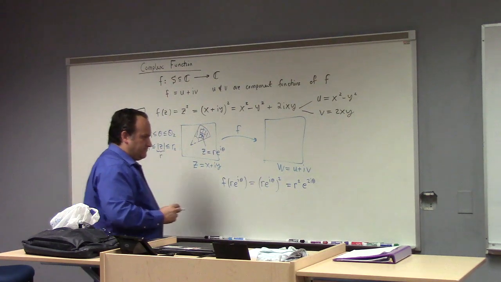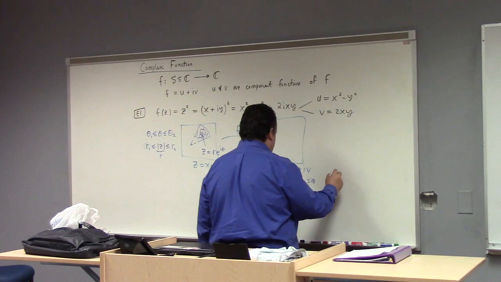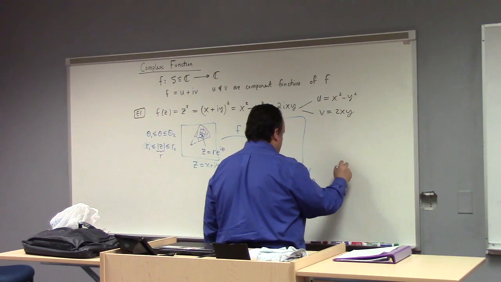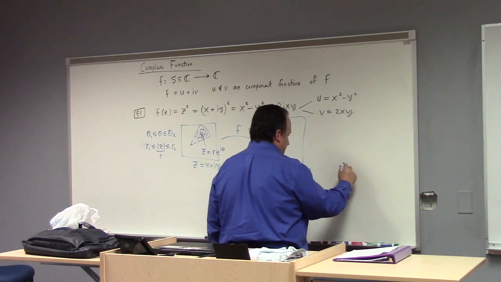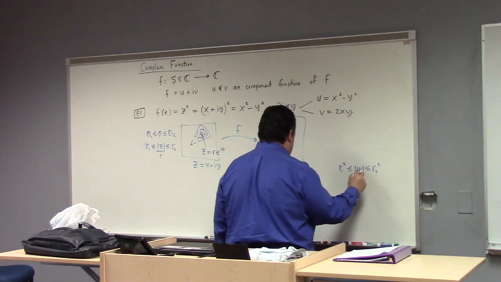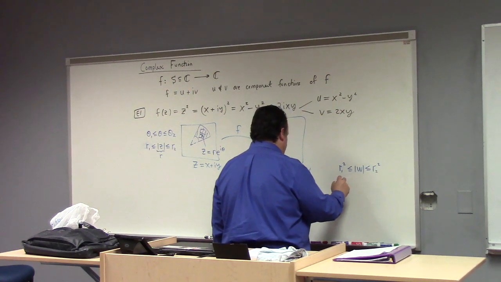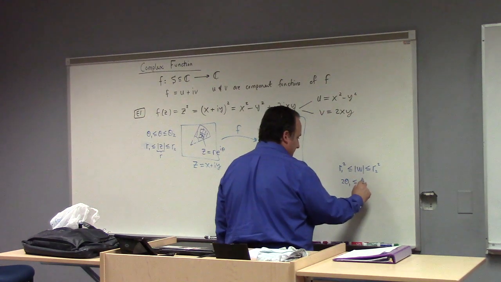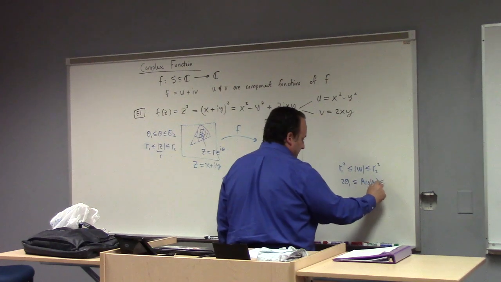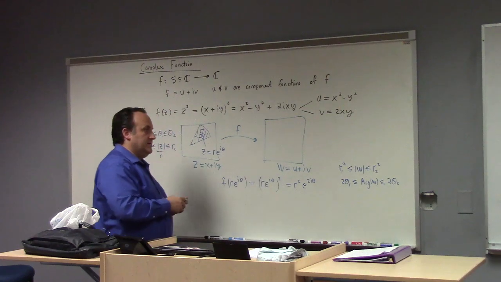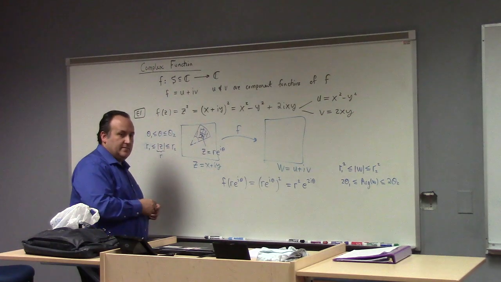And so we'll have the situation over here that r1 squared is less than or equal to the modulus of w is less than or equal to r2 squared. And we'll have the situation that 2 theta 1 is less than or equal to the argument of w is less than or equal to 2 theta 2. That's what's going on here.